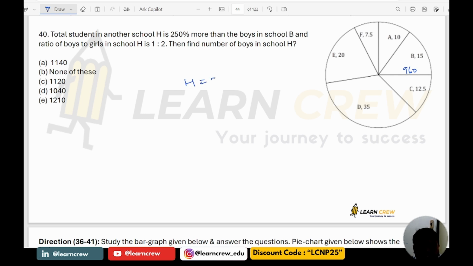So H total is 3360. And it is given that the ratio of boys and girls is 1:2. Thereby boys is 1/3 of 3360, which is 1120. So the answer is 1120.